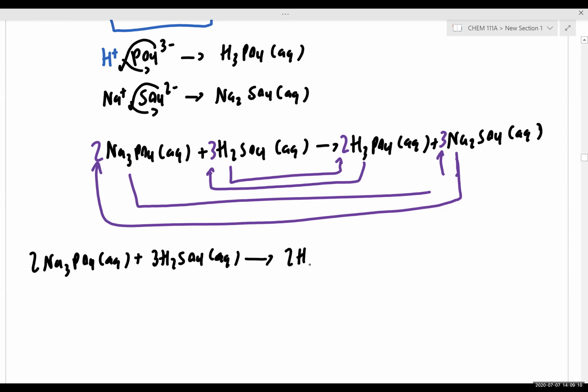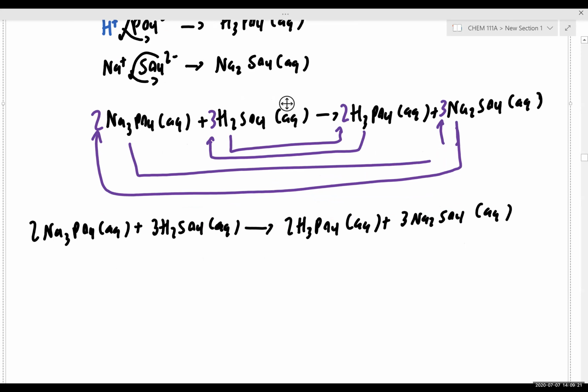So now that we have the following chemical equation, we're going to focus now on writing out a total ionic and net ionic equation for this reaction. So the first thing that I want to ask of all of you, do we dissociate sodium phosphate? Looking at the state symbol, is sodium phosphate soluble or insoluble in water?